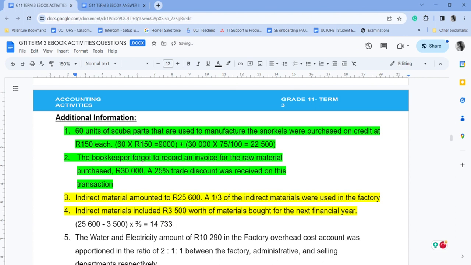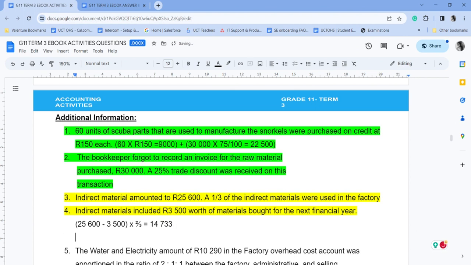Okay. Alternatively, other people can just say 25,600 times the 1/3, and then move on to the 3,500 times the 1/3. And then once they have the answer there, then they minus the 2, which is a long way, honestly speaking.